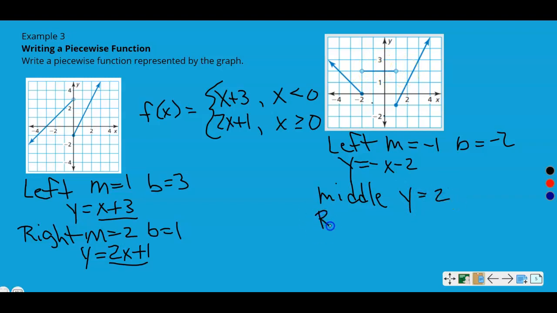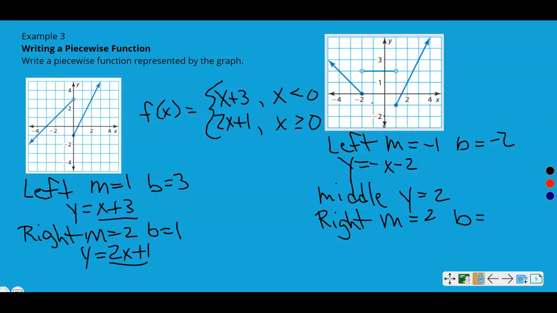And then the right side, we need a slope and a y-intercept again. So if we look at this, we can say rise 2 over 1. So my slope is 2 over 1 or 2. And my y-intercept, again, we can't see it on here, but we can imagine what's going to happen if we go down 2 over 1.